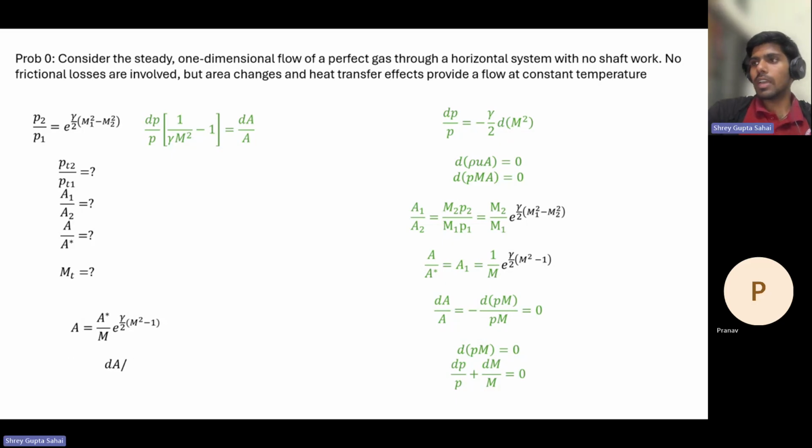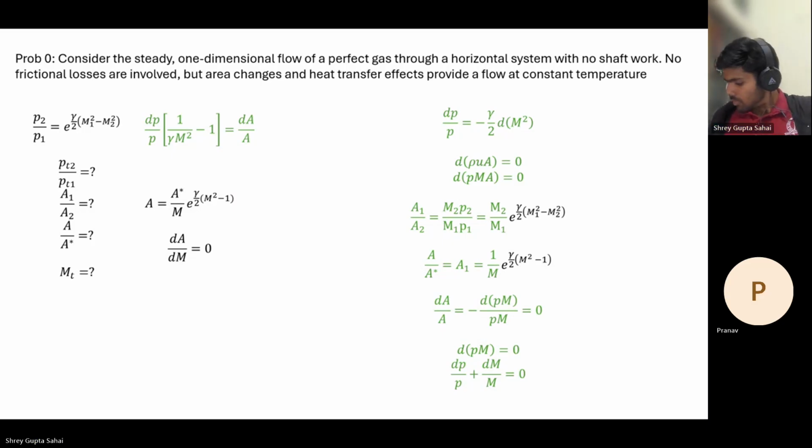I write dA by m dm is 0 across the throat area, across the region of minimum area. We know that no matter how the Mach number changes across it, area changes 0. So we can use this expression then to write what? By dm is what?